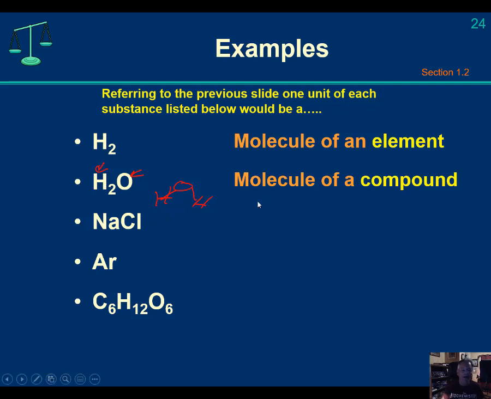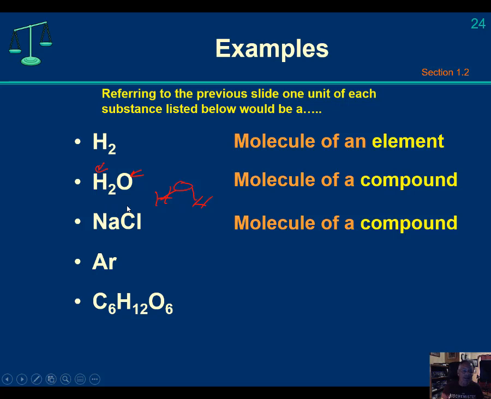Now, initially we fib sometimes, but we clear it up later. Right now you might think, well, this is a compound, and you'd be absolutely 100% right. And if you were talking about a single unit of this compound, you would think of it as a molecule of a compound.